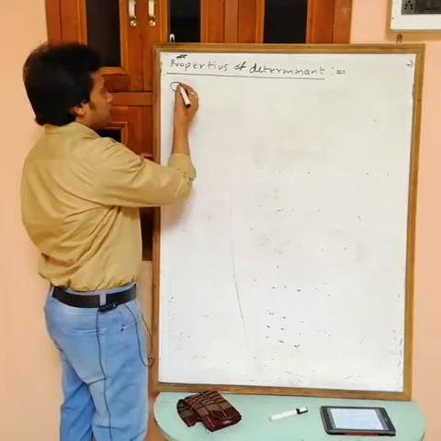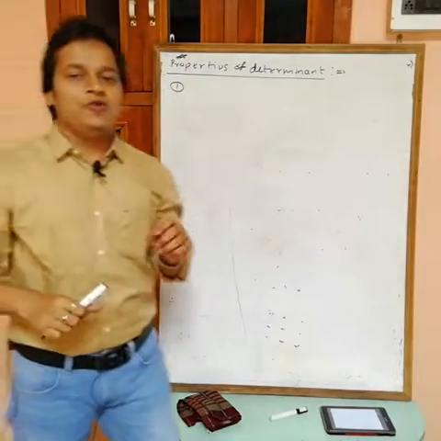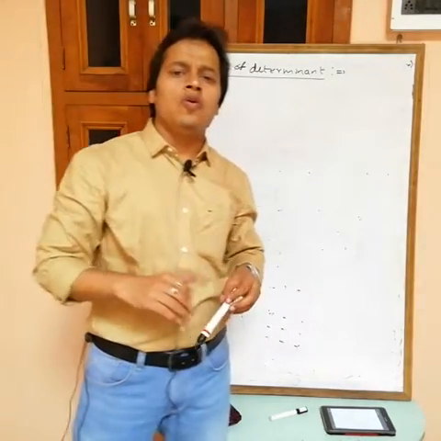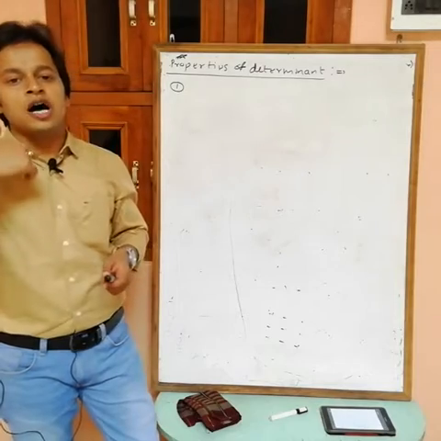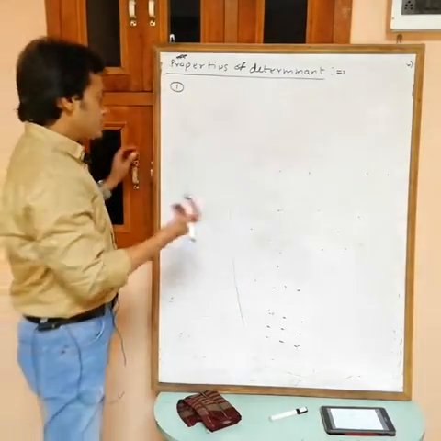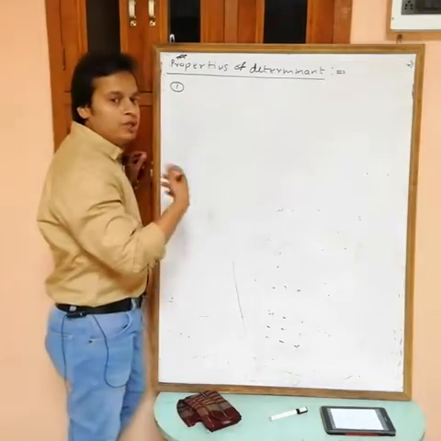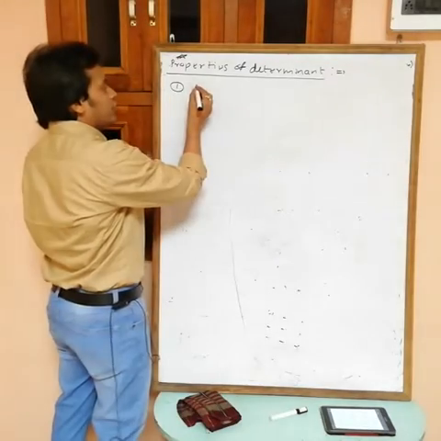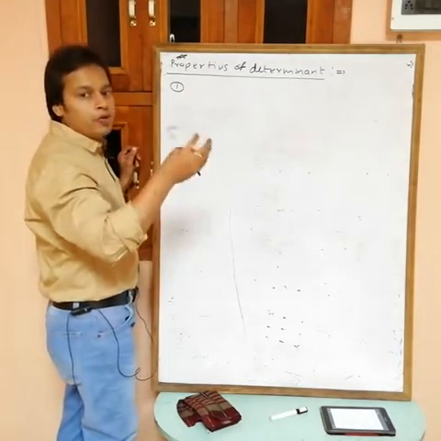So the first property: if you find the value of a determinant or the value of its transpose, you get the same value. It means D is equal to D transpose. Transpose means interchange of rows and columns.